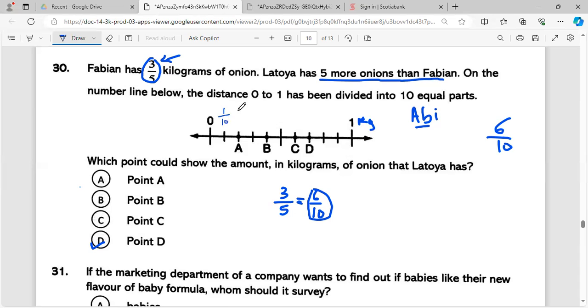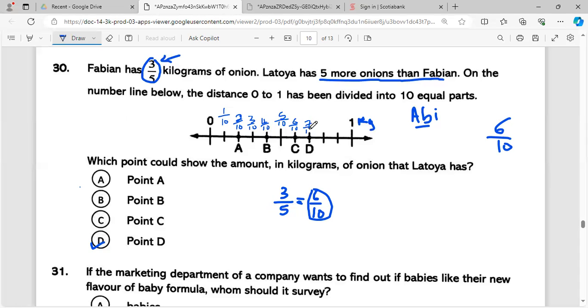Next one, it will be 2 over 10. And then you have 3 over 10, 4 over 10, 5 over 10. 5 over 10 is the same as a what? A half. And it makes sense, right? So this point is 6 over 10, and this point is 7 over 10.